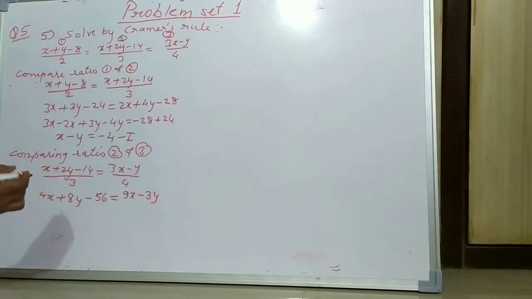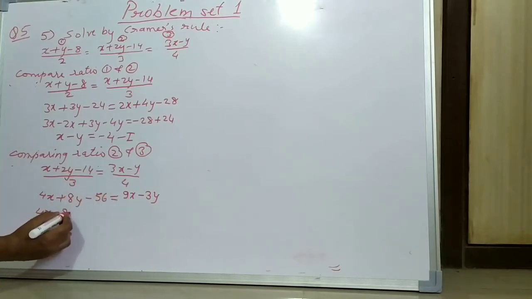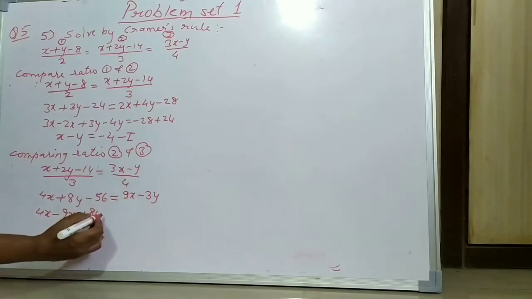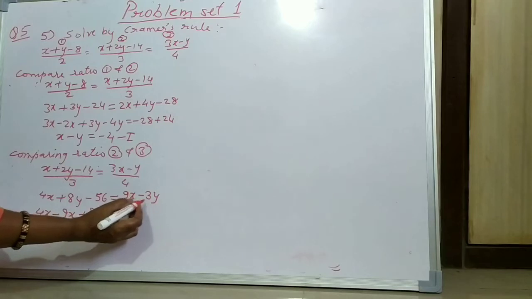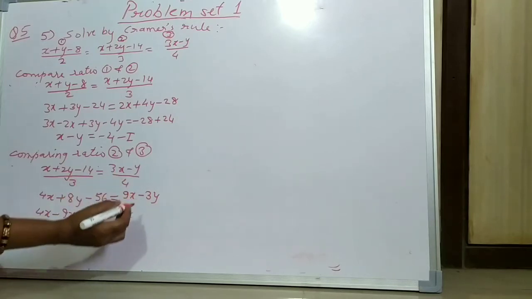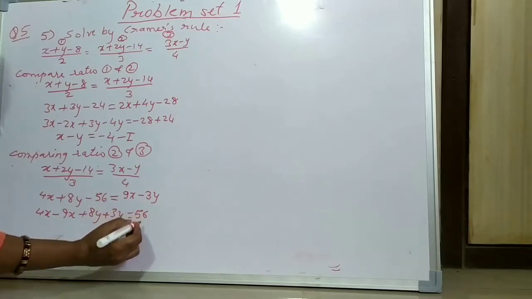Again rearrange these terms, collect the similar terms. 4x, bring this 9x to this side, minus 9x plus 8y minus 3y. If you bring this side it becomes plus 3y, and transfer this constant number to that side. Minus 56 will become 56.